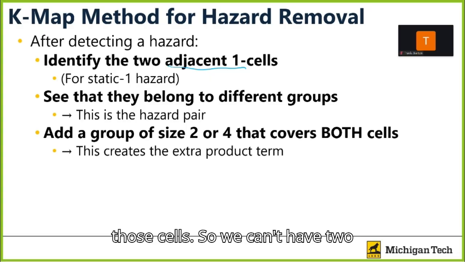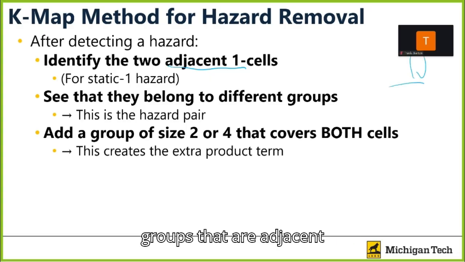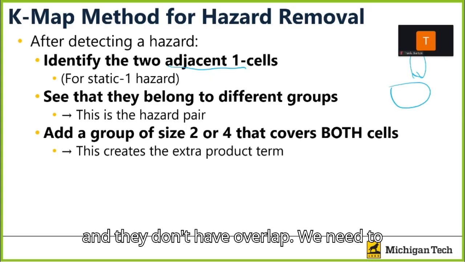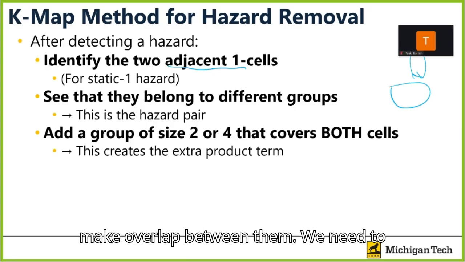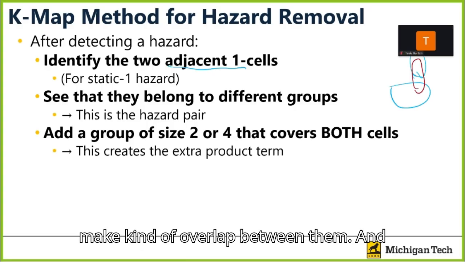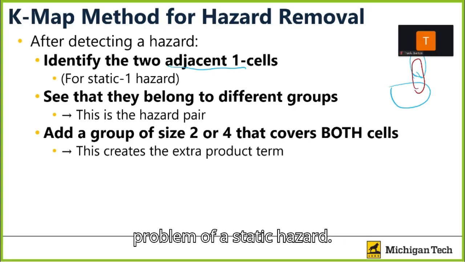We can't have two groups that are adjacent and don't overlap. We need to make an overlap between them, and this overlap solves the problem of static hazard.